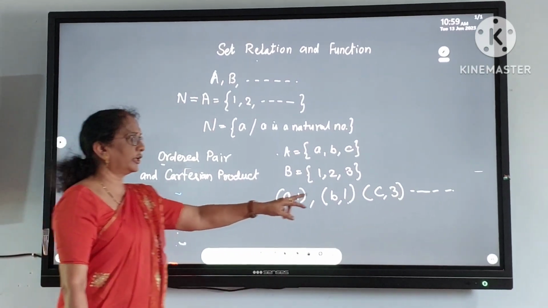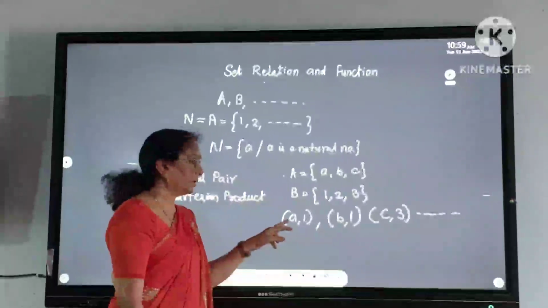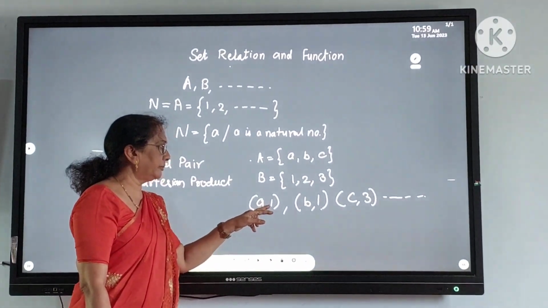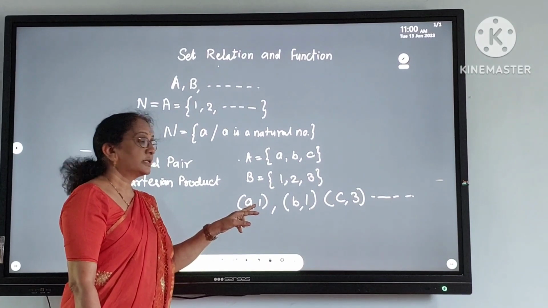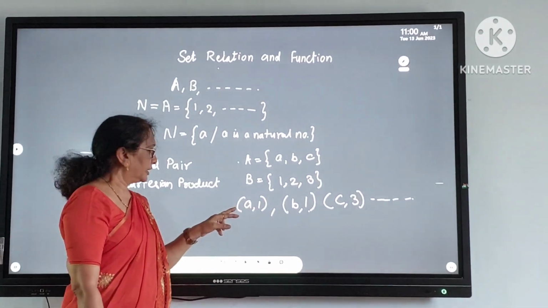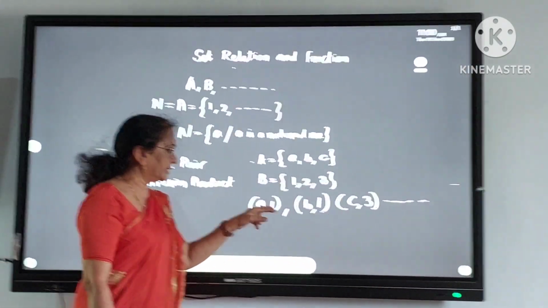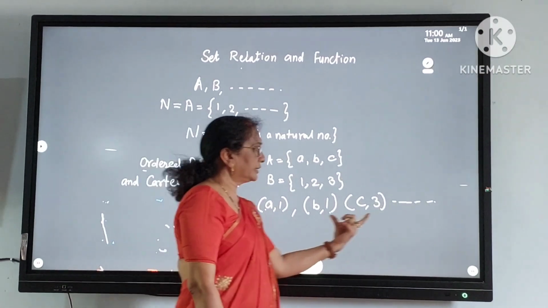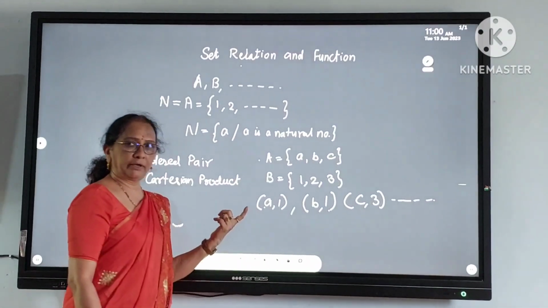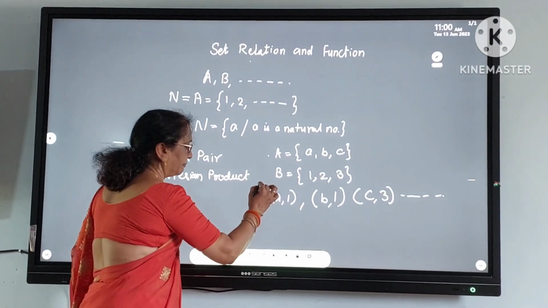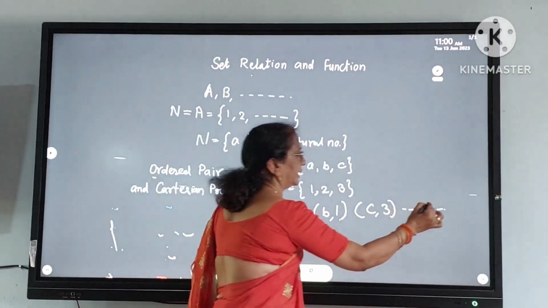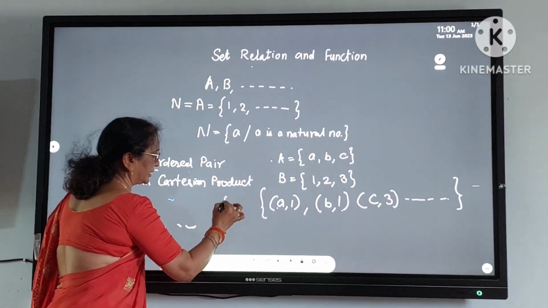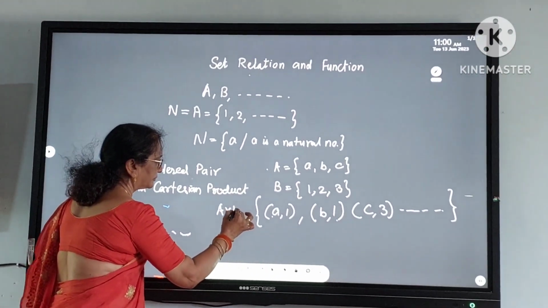Now in this ordered pair, the first element from set A is called the first component and the second element from set B is called the second component. If we take the set of all these ordered pairs and give it a name, that set is called the Cartesian product.